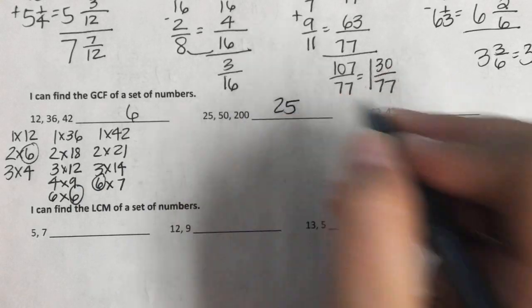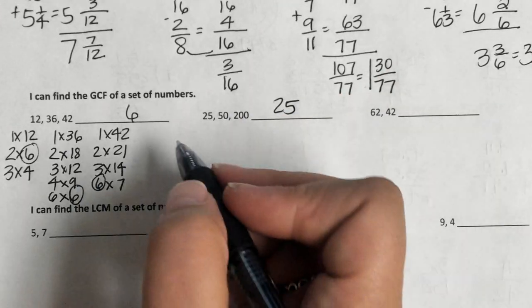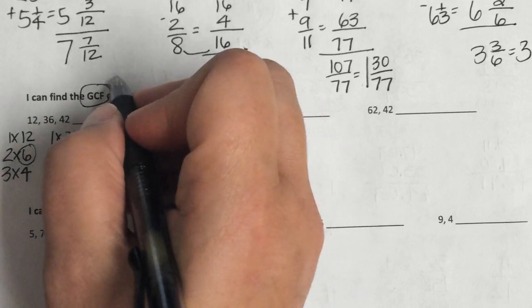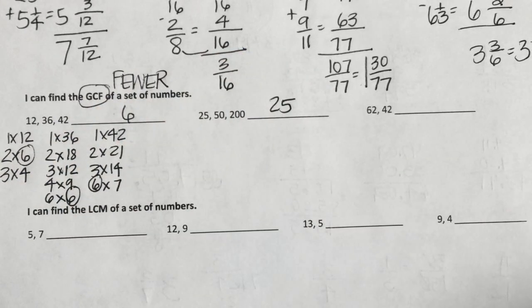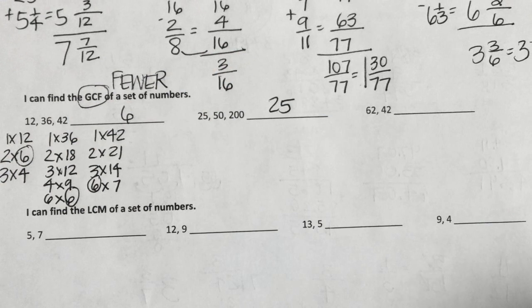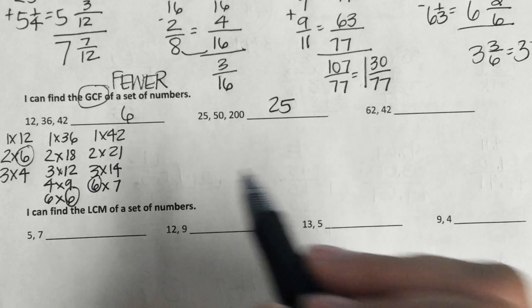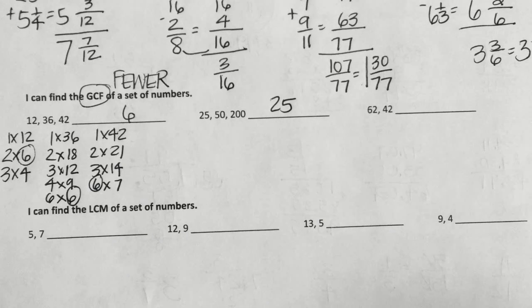Can 25 go into all three? Yes. Guys, look at this. Greatest common factor. You need to remember the word fewer. Factors are fewer. It's not going to be larger than your largest number, and it won't be any larger than your smallest number.